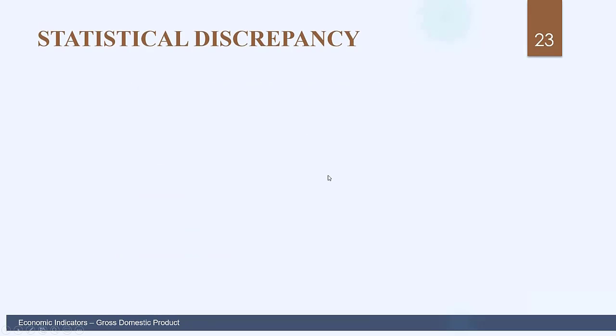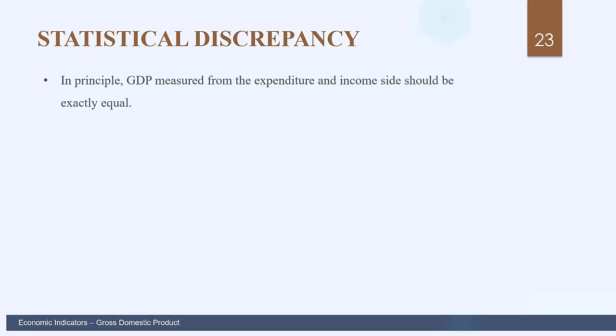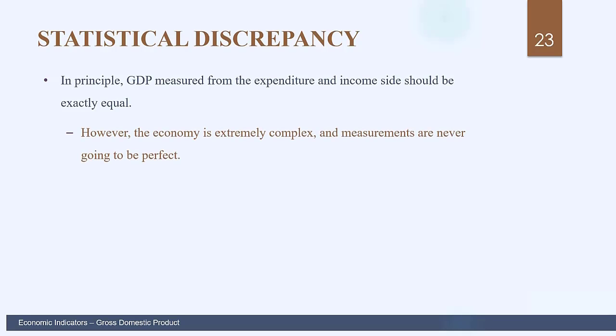Now, it's important to point out that for either of these 2 methods, although from our national income accounting identity we know that they should be the same, these need to be estimated. And so you're not going to get perfect estimates when you do that, although they're fairly good. So in principle, they should be the same, but the economy is extremely complex and measurements are never going to be exactly perfect.